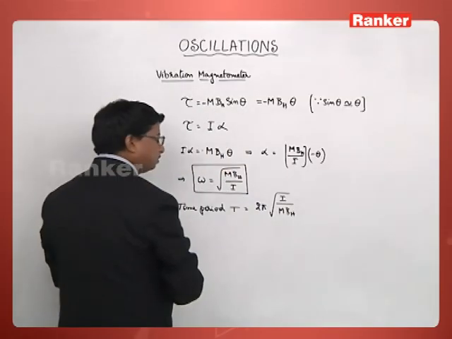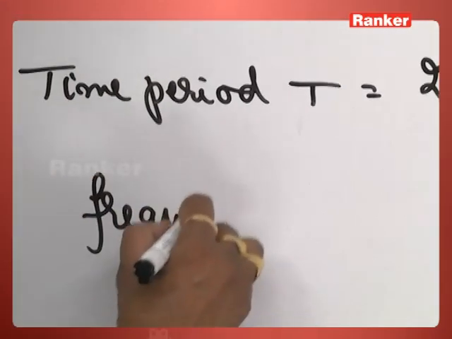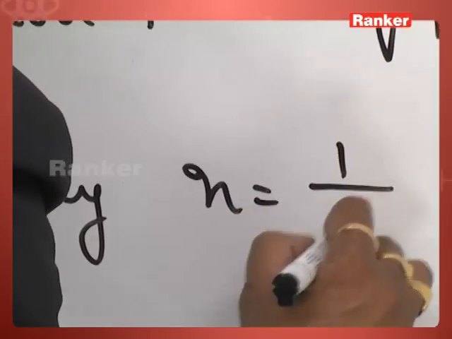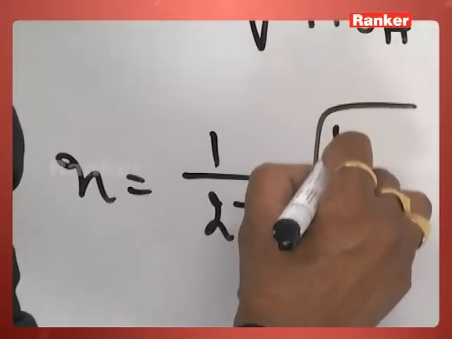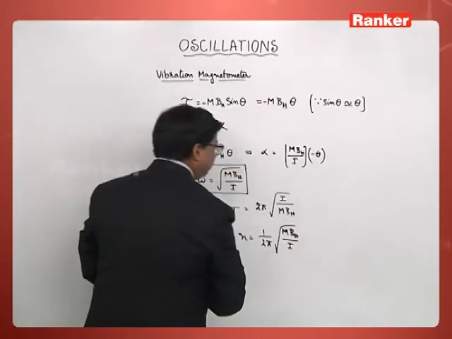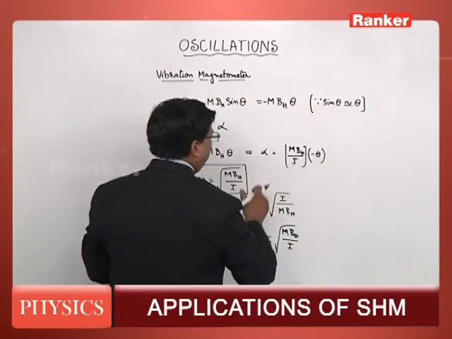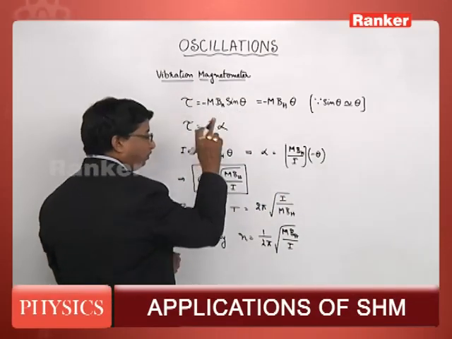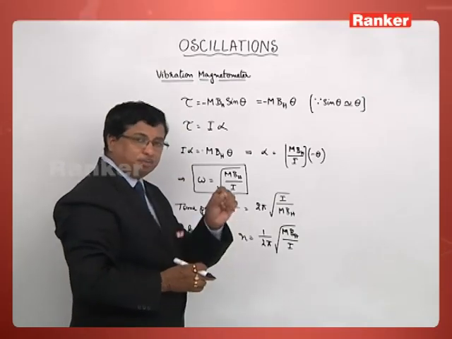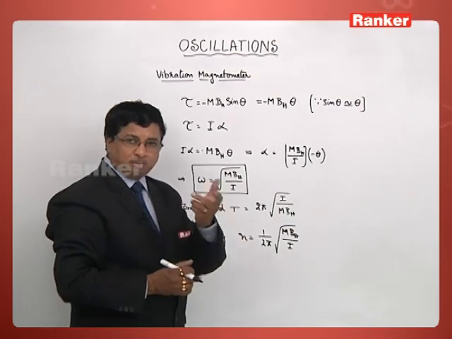And for the frequency, N is equal to 1 by 2 pi under root MBH by I. Looking at this equation, one can understand that these oscillations of the magnet in the magnetometer are simple harmonic by nature, angular simple harmonic motion.